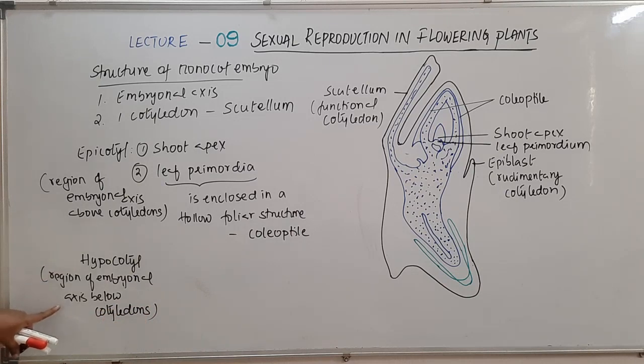And this portion which is below the region of the cotyledons is called the hypocotyle.